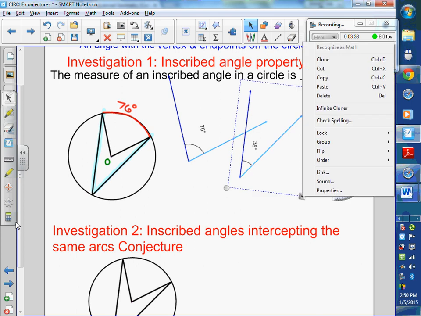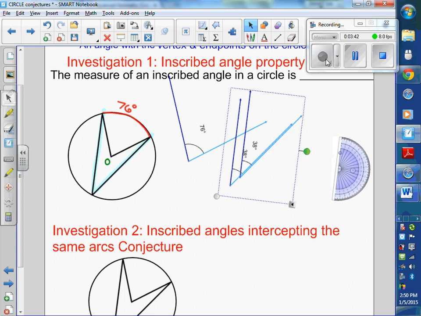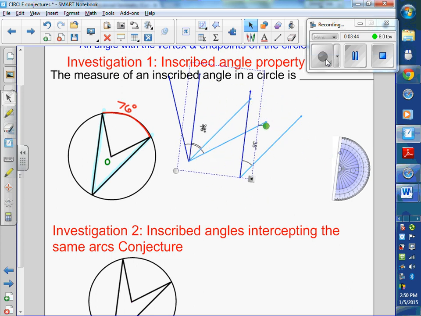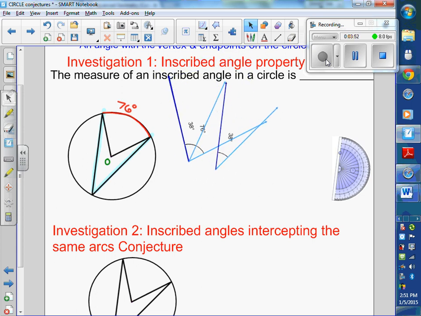If you haven't seen the mathematical relationship, let me see if I can get you to see it visually. Since 38 times 2 makes 76, these pieces fit together perfectly.